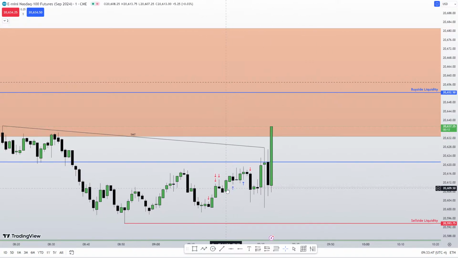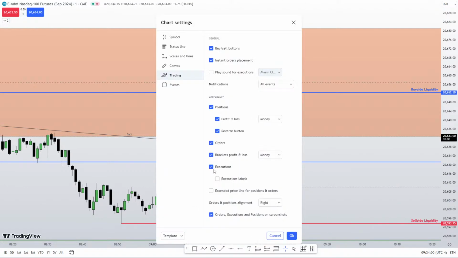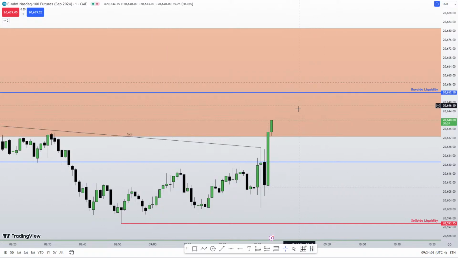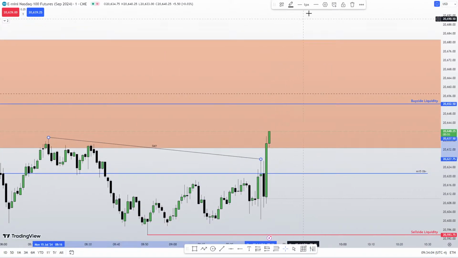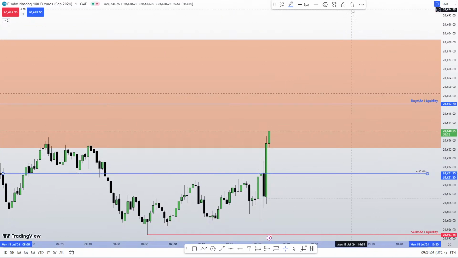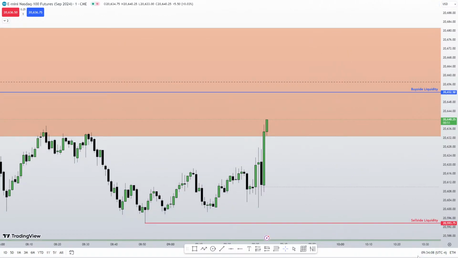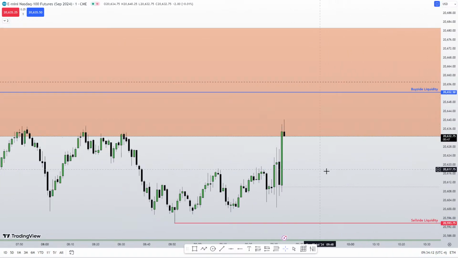I went long from this fair value gap, and there's an IFVG here also, so I went long from this place and got stopped out here. Those were some random trades. But right now whatever I execute will be only high probability setups, because after 9:30 is the real time for the New York session.